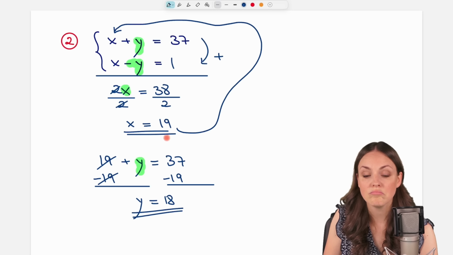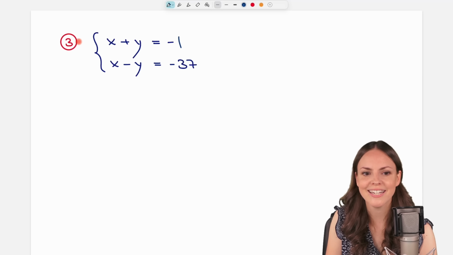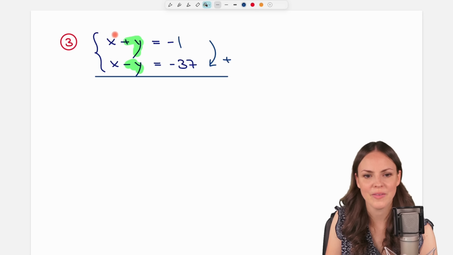So we found another solution for x and y, but let's keep going because we have a third case to take a look at. Same thing, we still have y and negative y in here, so let's add these two equations again. X plus x is 2x, this cancels out.